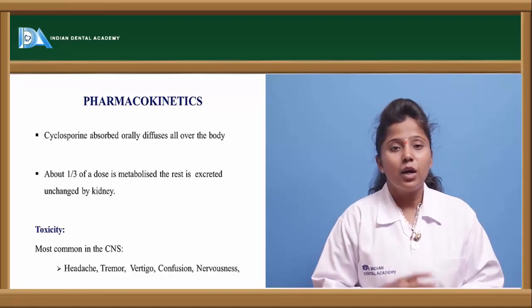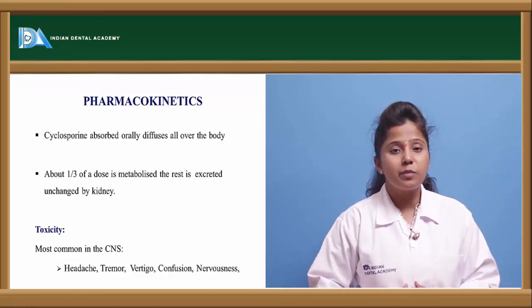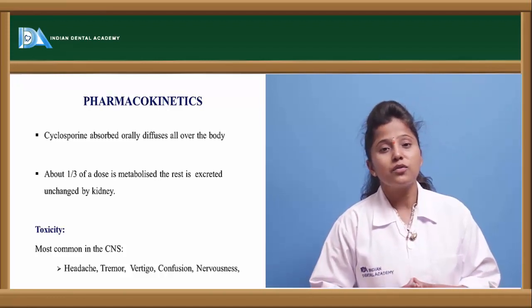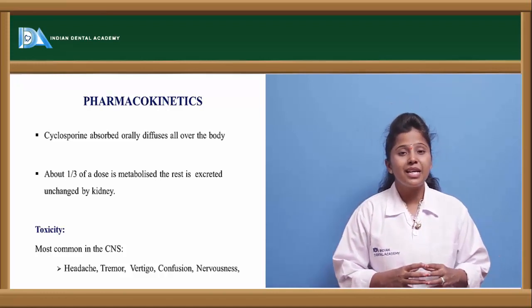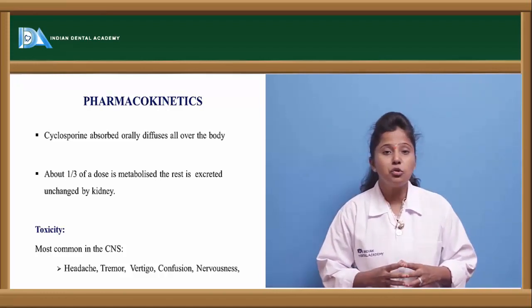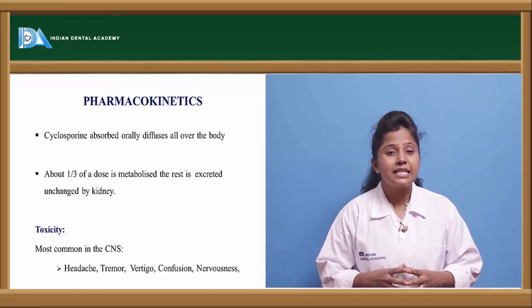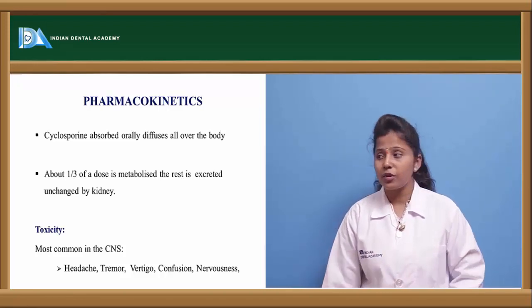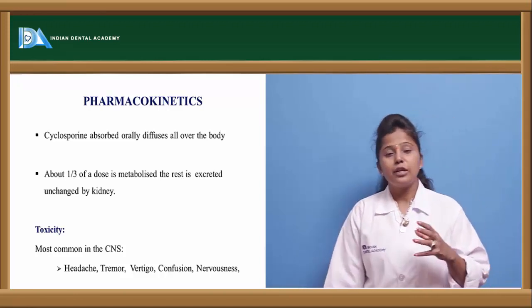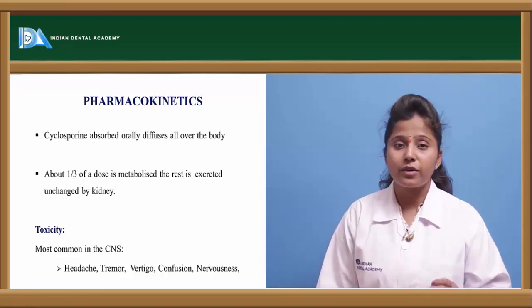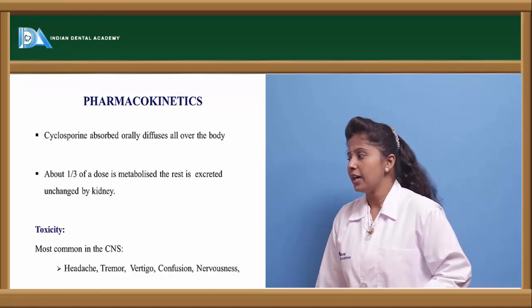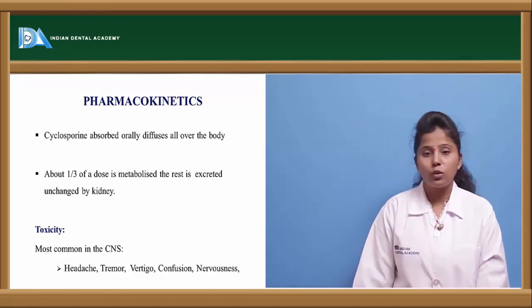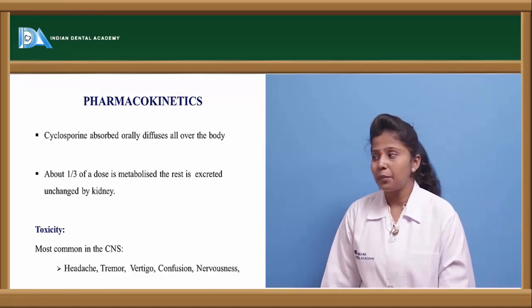If we give a 100% dose, only 1/3 is metabolized, and the remaining 2/3 is excreted in the urine as such. So the metabolism capacity of cycloserine is very low, and if we use it for a longer period of time, it causes CNS disturbances like headache, tremor, vertigo, confusion and nervousness in the person.